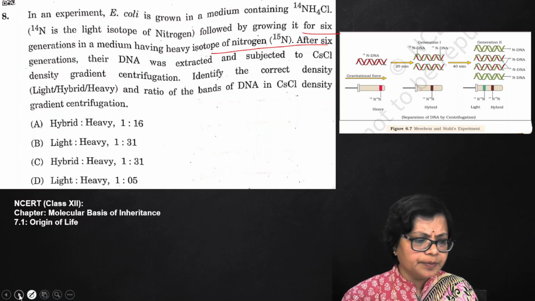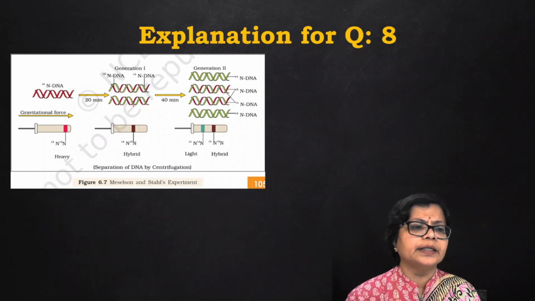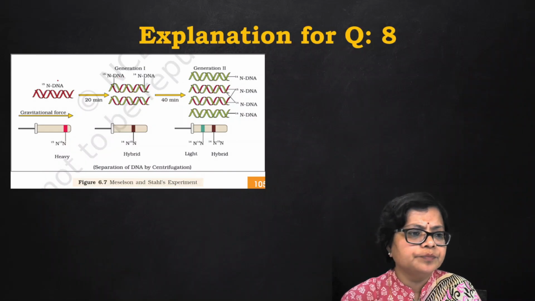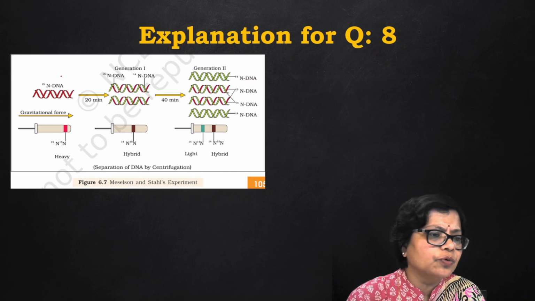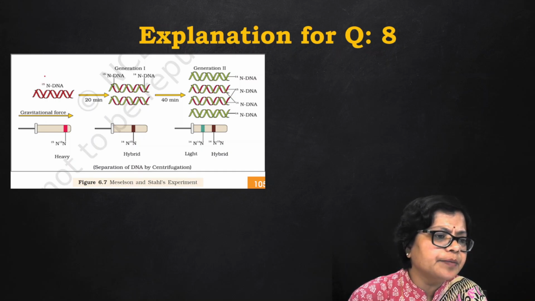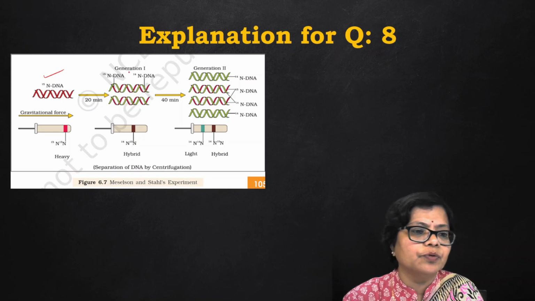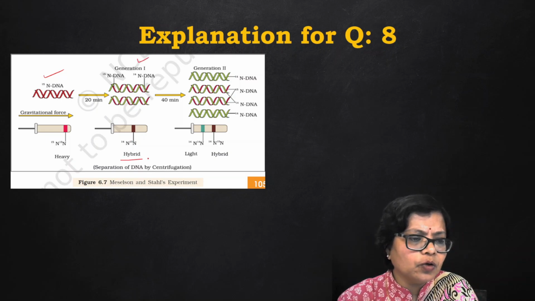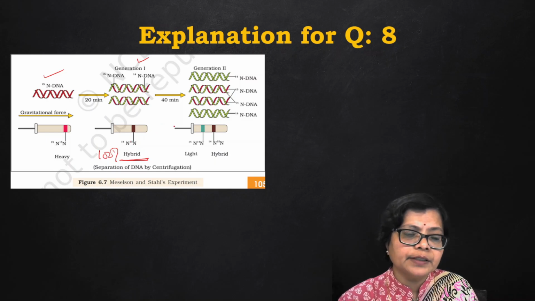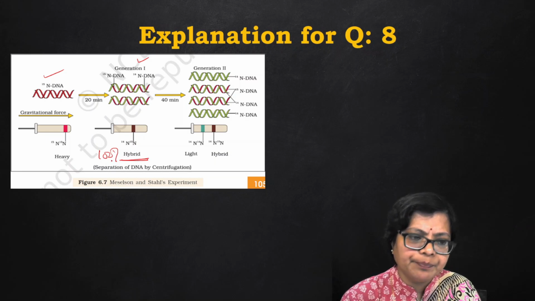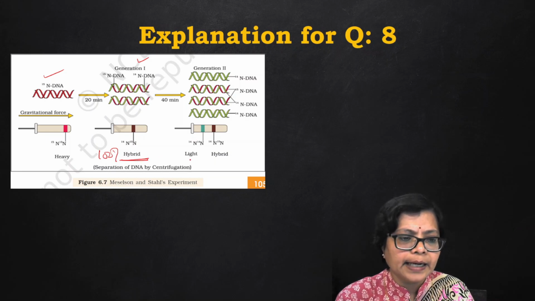This is a little bit tricky question, I must say. Here you see, that is what you have learned in your NCERT book. First they were allowed to grow in the heavy medium, that is N15, and in generation 1 all were hybrid, 100% hybrid in the F1 generation, N14, N15. Then in generation 2 it is hybrid and light in the ratio of 1:1.